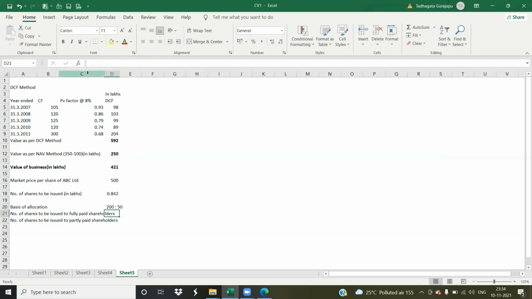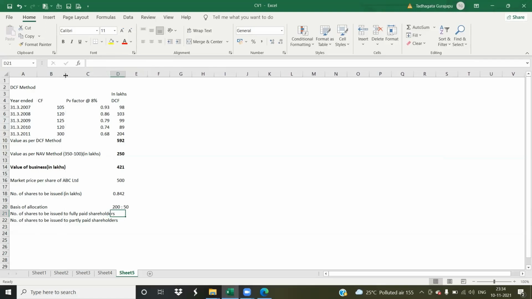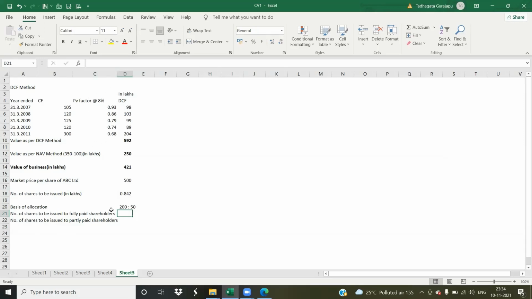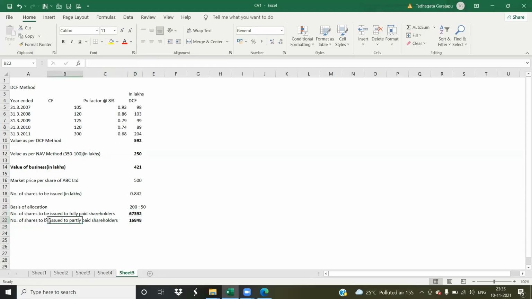Just 50. Is equal to 200 by 250 into this into 1 lakh, or you can also write as 50 by 250 into this. Okay. So there is a solution.